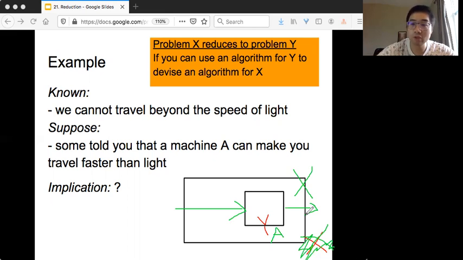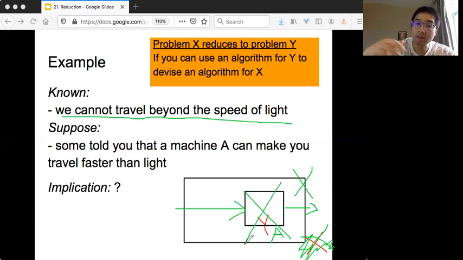You use this machine, even though you don't know what's inside or how it is built. You say, hey, this can travel faster than light. So what's the implication? Because we already know we cannot travel beyond the speed of light, a reasonable implication is that this guy is lying to you. You don't have this kind of machine at all.